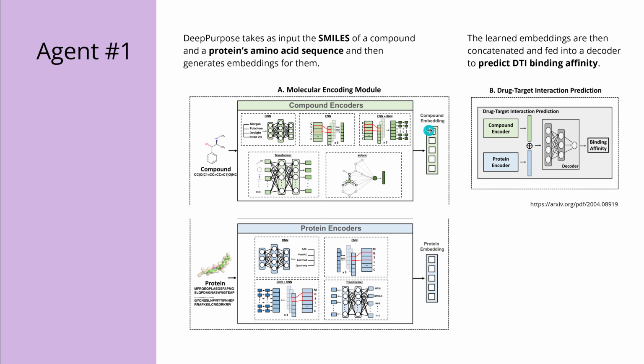And then we have the compound embedding information from the compound encoder and the protein embedding information from the protein encoder, and we have a decoder in our transformer network. You're not going to believe it. And the output is simply a value that tells us, will those two biochemical compounds bind together?